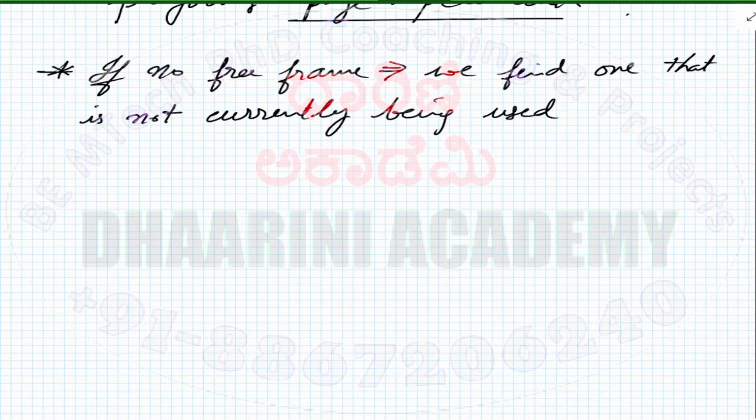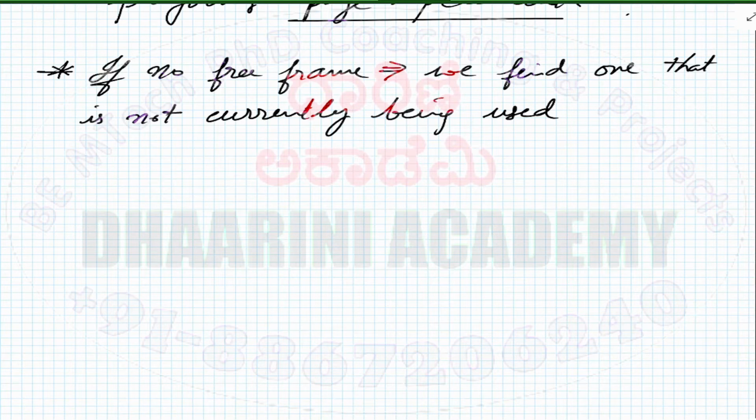So when you are not able to find a free frame, then the next step is that you find one such page in the memory that is not currently being used.